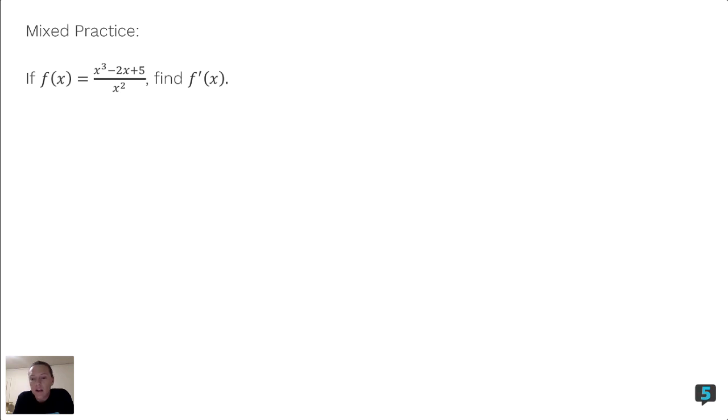Always good to keep that on your radar. Any other thoughts on how to get started on this one? Okay, so Ari, the quotient rule would absolutely work here because we have x cubed minus 2x plus 5 being divided by x squared. Did anybody do anything other than the quotient rule?